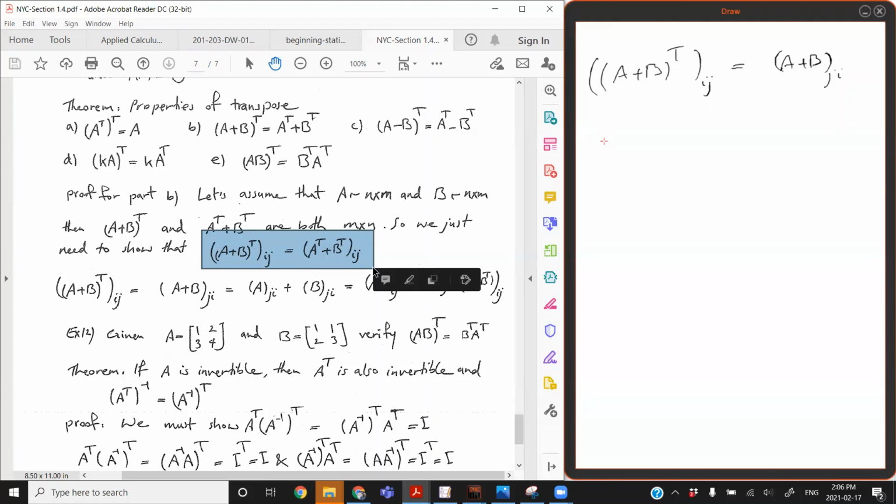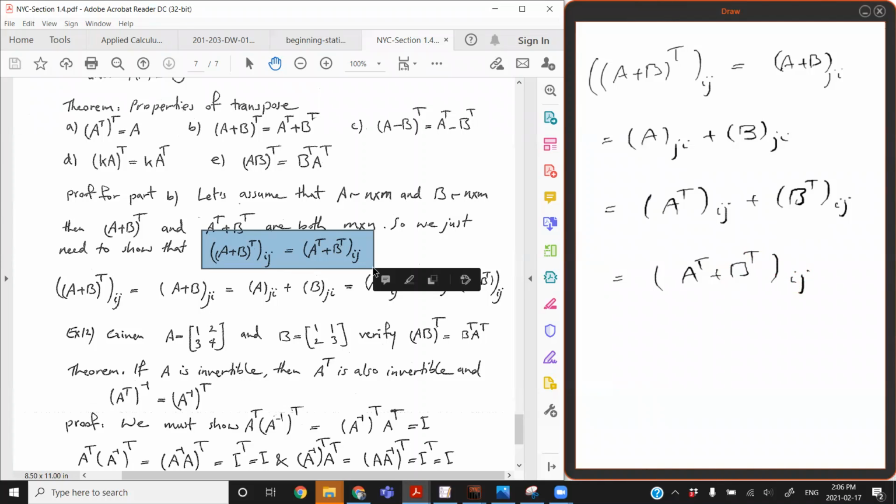And then according to the definition of addition, this is going to be a_ji plus b_ji. Then, if I use the definition of transpose again, this would be (A transpose)ij plus (B transpose)ij, which, according to the definition of matrix addition, would be (A transpose plus B transpose)ij.